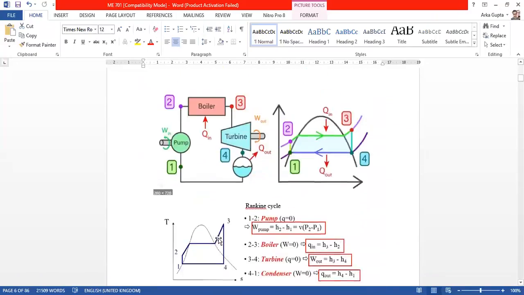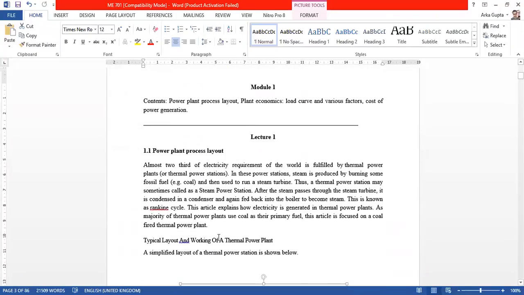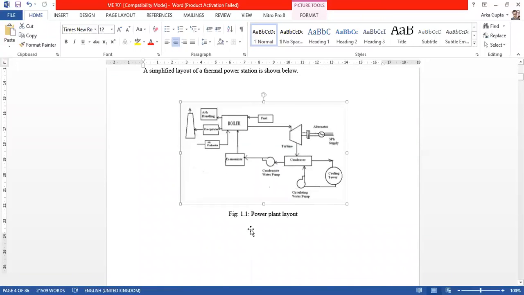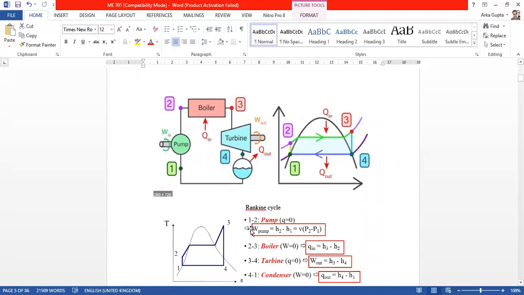Let me recapitulate again. Module 1 is the layout of the boiler: boiler, turbine, condenser, pump. 1 to 2 is the pump, a reversible adiabatic pumping process. 2 to 3 is the boiler, with constant pressure transfer of heat.